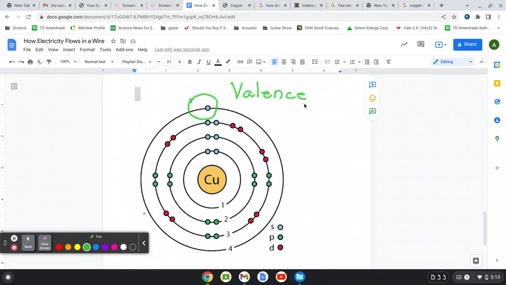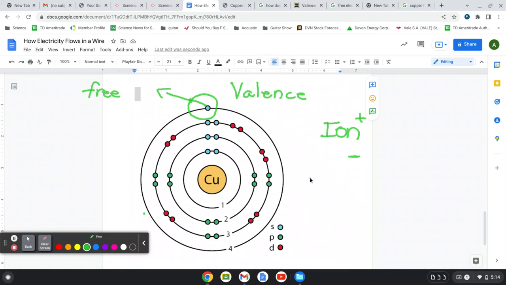Now, there's no charge in this, but when copper atoms get together in metallic bonding, this valence electron leaves and it becomes free. So there's a free electron. Once it becomes free, then it's an ion. An ion can either be positive or negative.